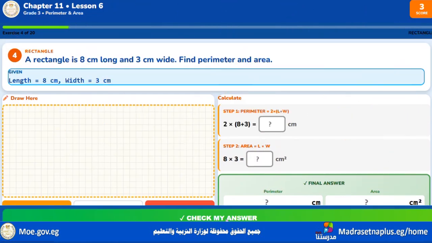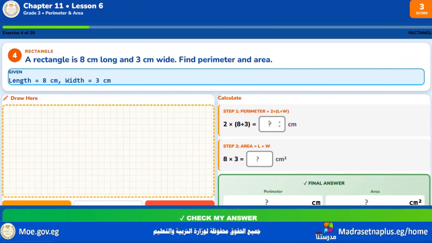Good. A rectangle is 8 centimeters long and 3 centimeters wide. So the length is 8 and the width is 3. Find the perimeter and the area of this rectangle. How to get the perimeter?